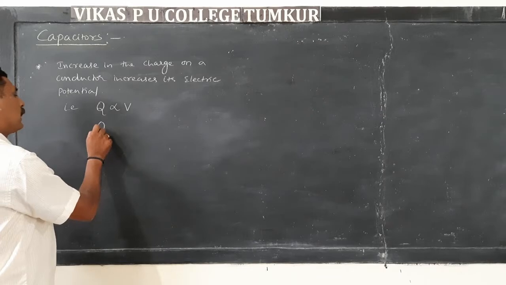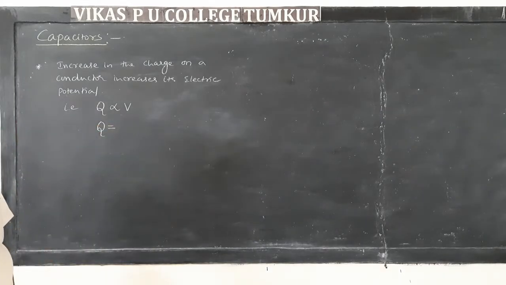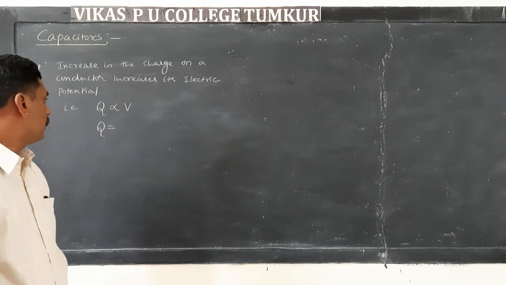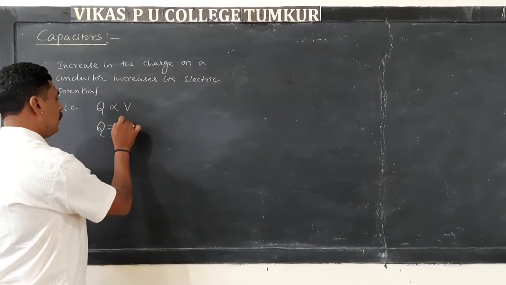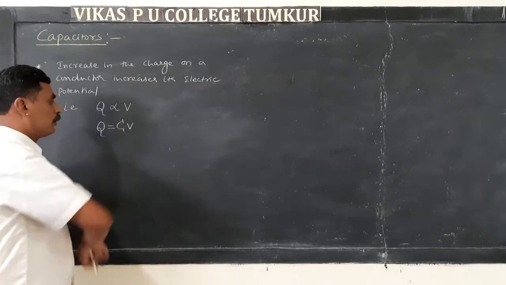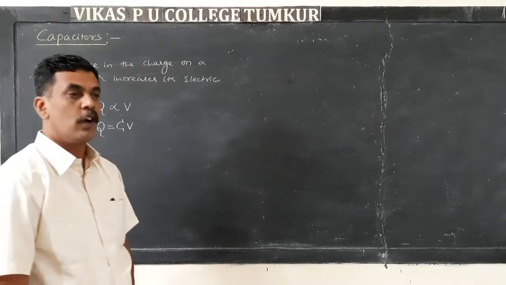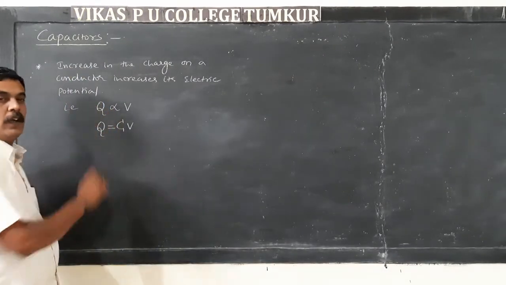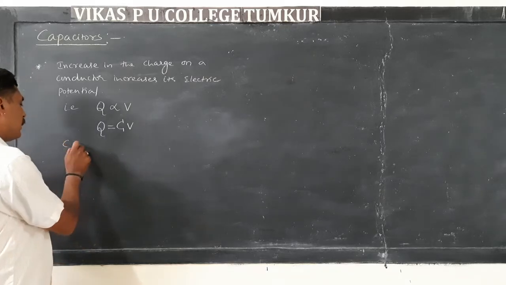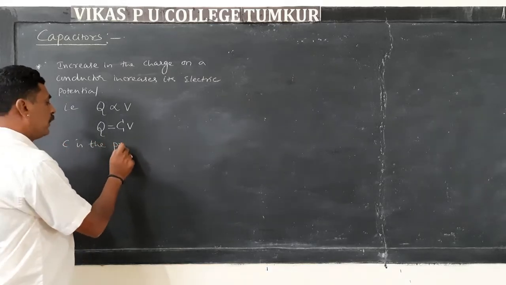So after I write this, I replace proportionality by equal to, and I will include a constant. C is the constant that I have included. C is the proportionality constant.